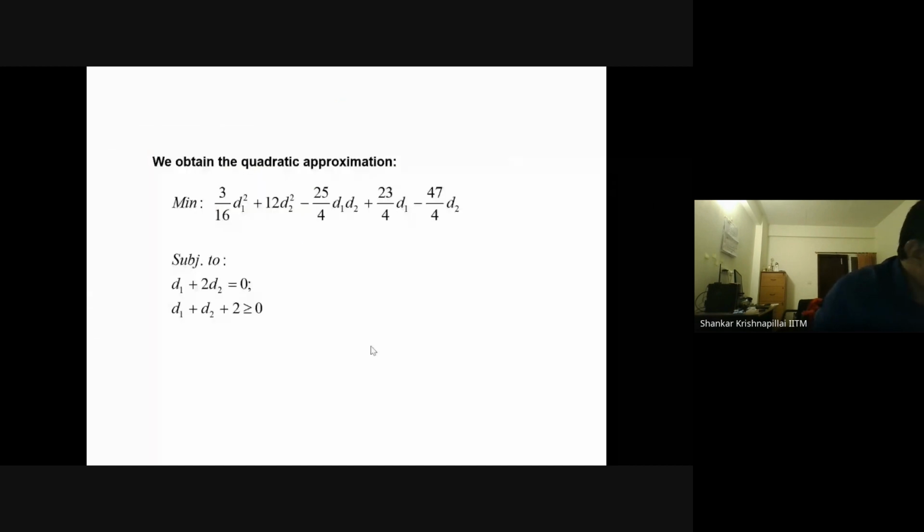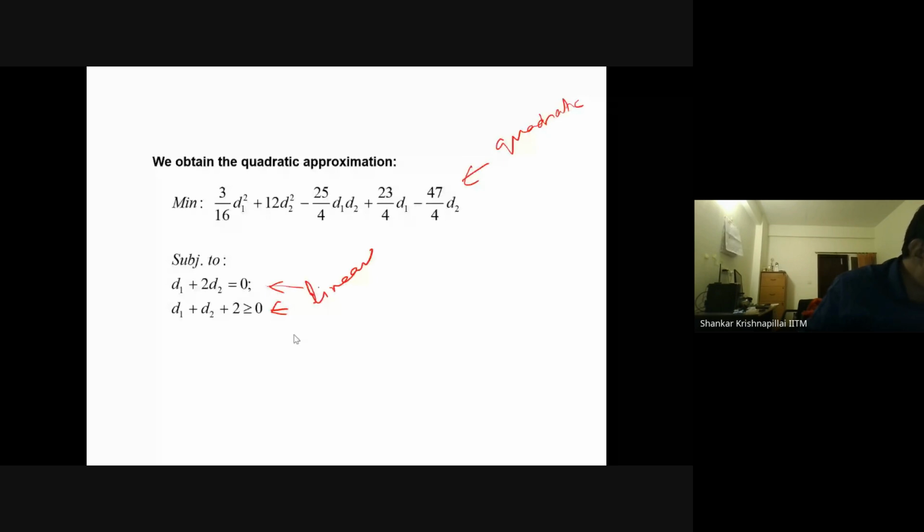Now we get the quadratic programming problem. The objective function is quadratic and constraints are linear. So this can be solved with some MATLAB routines, and we can immediately get the answer. But for the exam, you have to use some graphical or manual method.